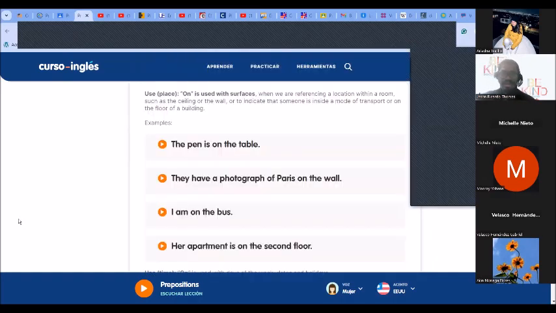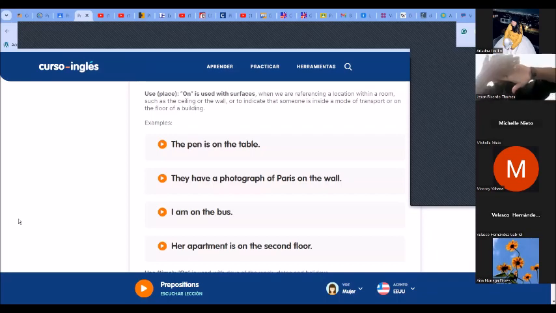Good. All right. So you said they have a photograph on the wall. I am on the bus. Her apartment is on the second floor, right? So notice now we're indicating something more detailed, super specific. We use on for two very clear things. You have a surface now. It's flat.